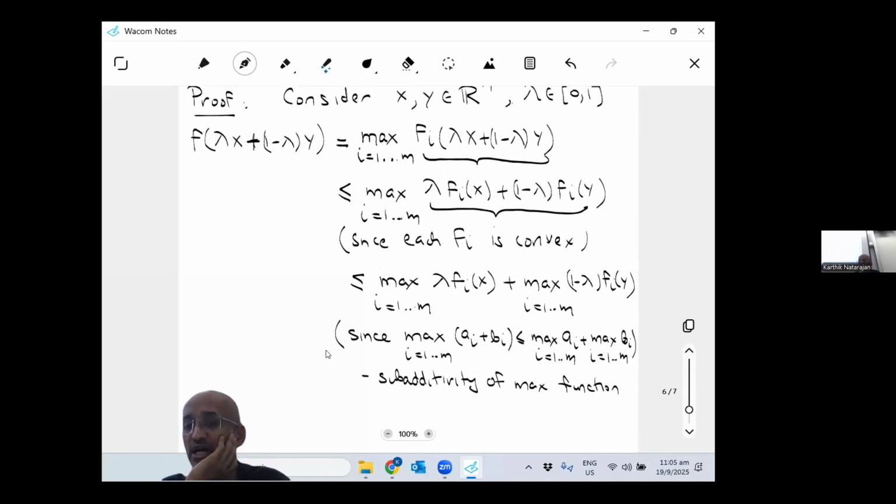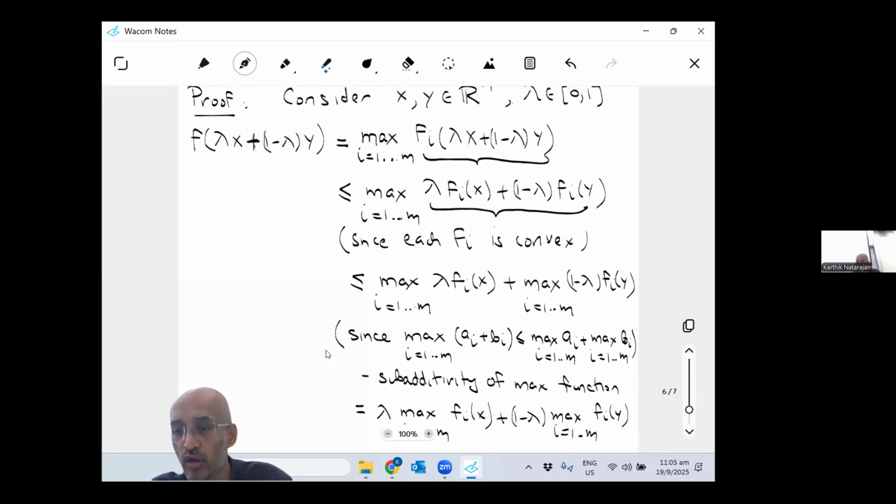And now because lambda is between 0 and 1, this is a non-negative number and this is also a non-negative number. I'm taking the max, so I can take this non-negative number outside. So this is simply lambda times max over i from 1 up to m of fi of x plus 1 minus lambda times max over i from 1 up to m of fi of y, and well, this is exactly f of x and f of y.